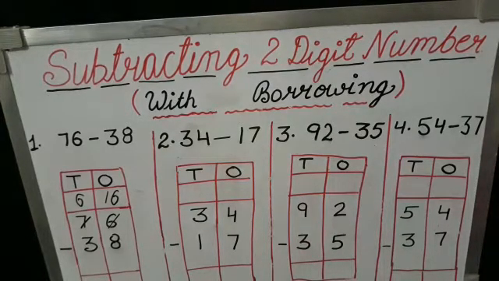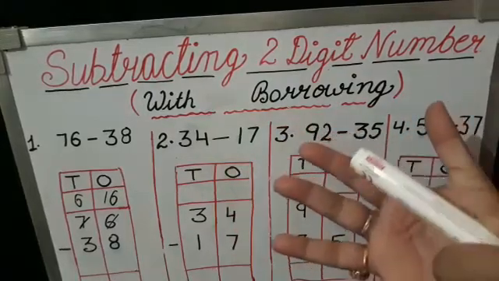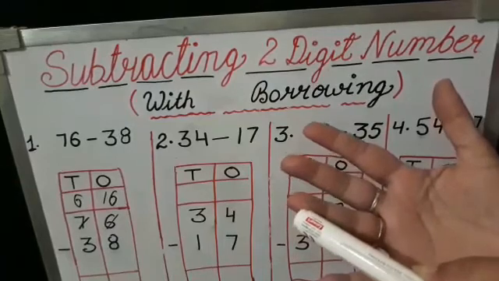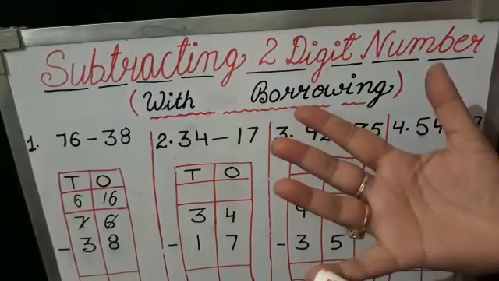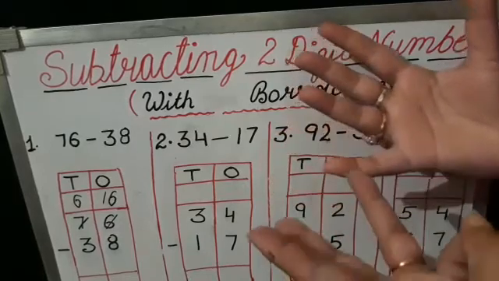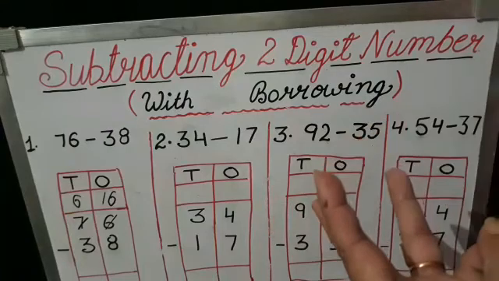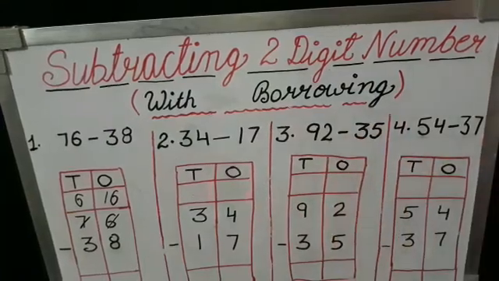So we get 15, 14, 13, 12, 11, then comes 10, 9 and 8. So here comes 8.